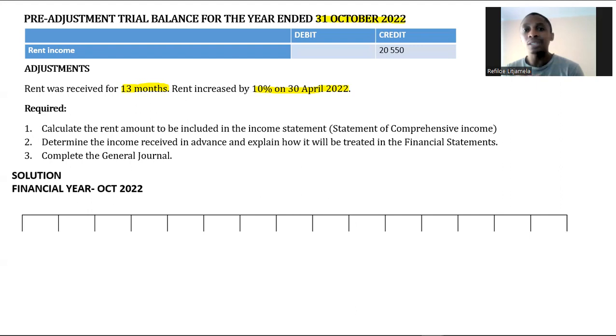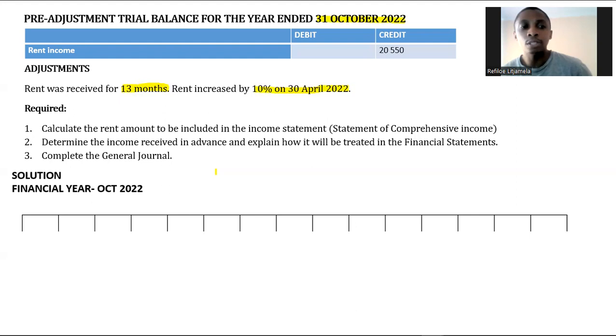For the current year, it has been received, but it has not yet been earned, and that's what we call deferred income, also called income received in advance. That's why I asked you to highlight the end of the financial year.